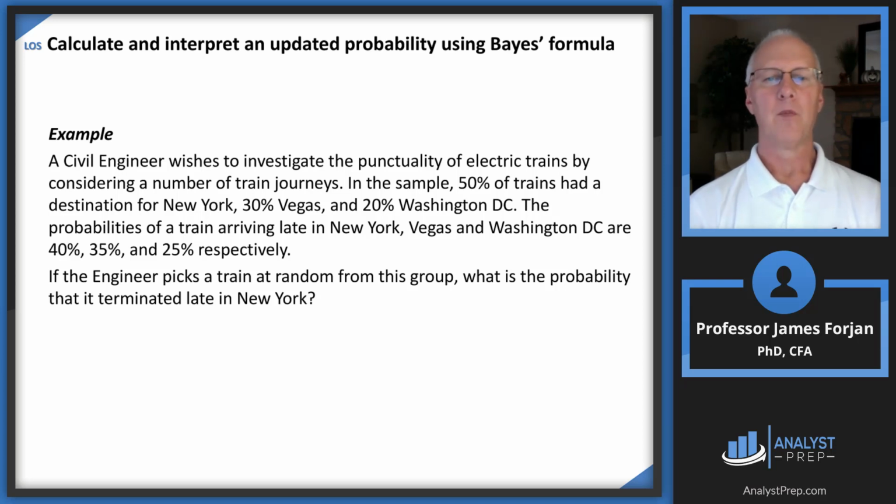The probability of the trains arriving late are 40, 35, and 25. So what does that tell us? New York has the worst probability of arriving on time, right? And Washington the best.